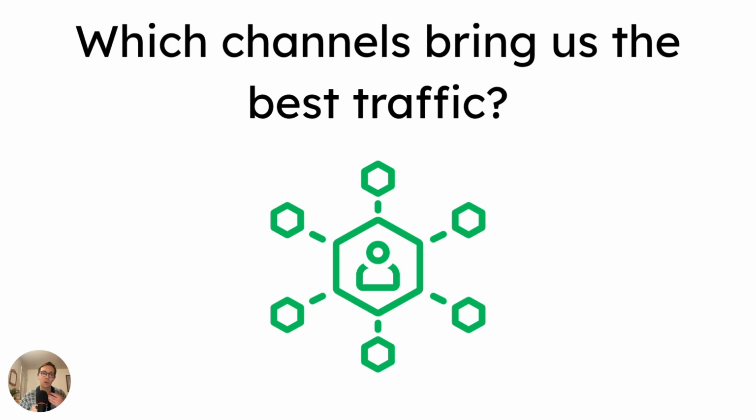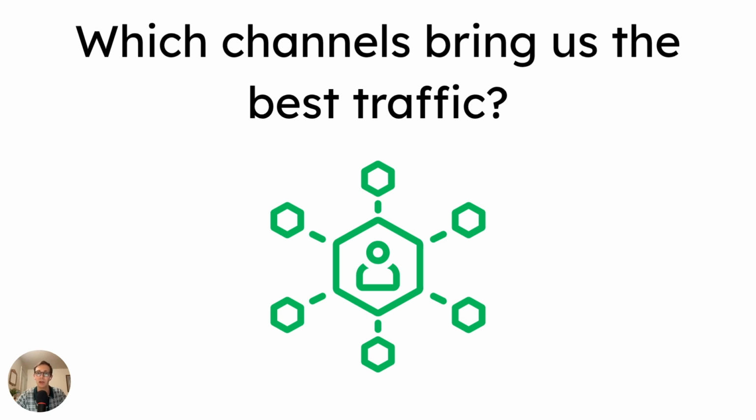Another really powerful question that a lot of folks ask me about Google Analytics is what channels that we're investing in are bringing us the best traffic. This ties into what I was speaking about earlier, where we want to understand what events and what conversions are happening. And Google Analytics 4 helps us understand not just when those occur, but who that person is and where they came from.